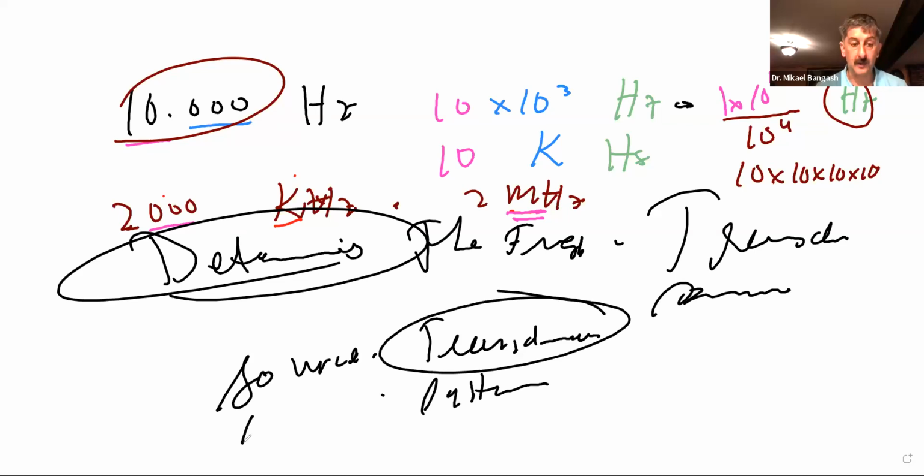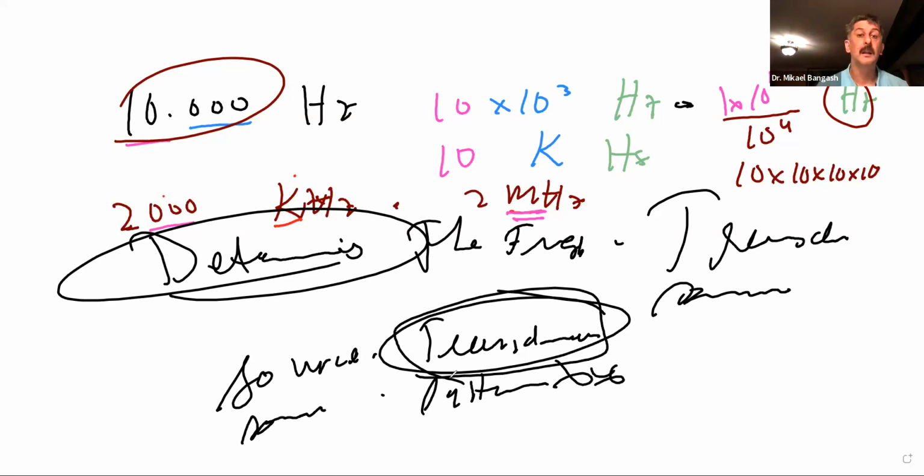In that case, the system is a part of the source, but that's not what will determine the frequency. It is the transducer, of your imaging transducers, that will determine the frequency of the sound wave.